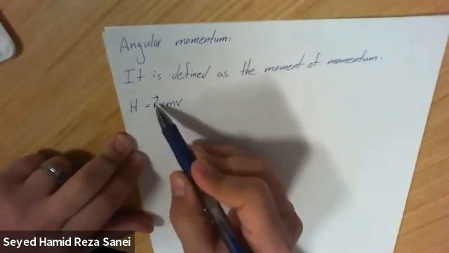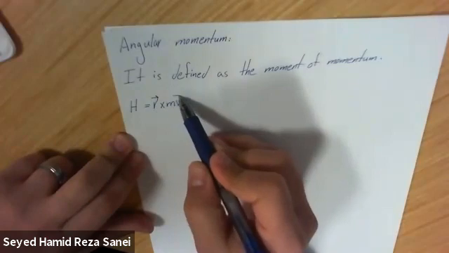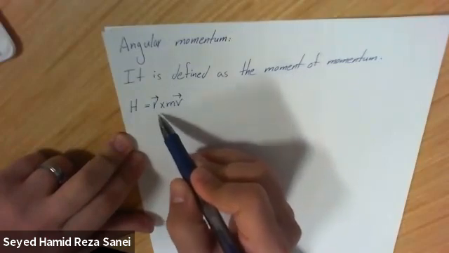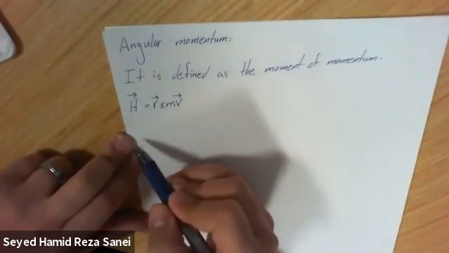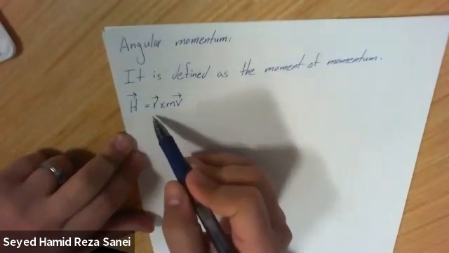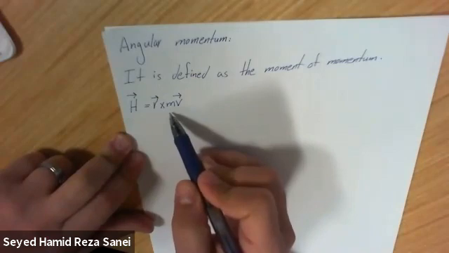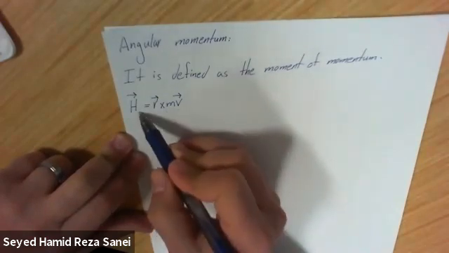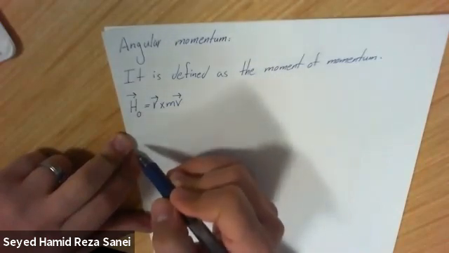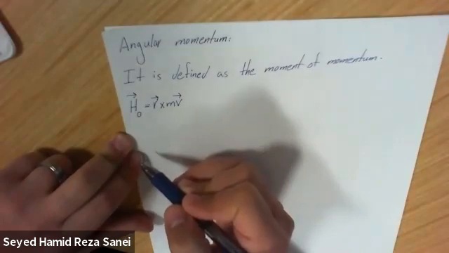Because R is a vector, the velocity is a vector, and the result of a cross product is a vector as well. When we are finding a moment, we have to find it about an axis or about a point. That's why usually the angular momentum gets a subscript for the point that we are writing the moment about.